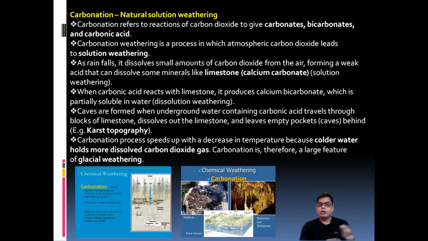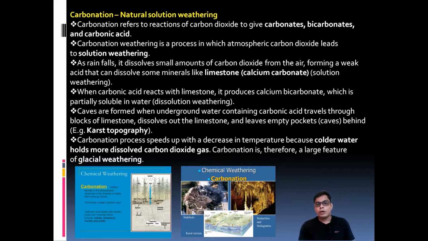When carbonic acid reacts with limestone, the calcium carbonate, which is partially soluble in water, can form caves, the areas formed with limestone. This area easily reacts with calcium carbonate and water, creating calcium bicarbonate.